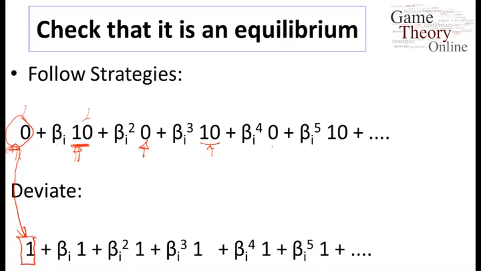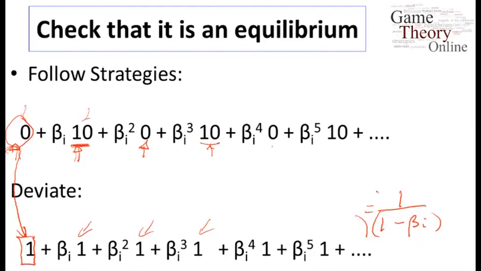But then forever after, we're just going to stop cooperating and defect forever after. So then we get 1 forever after, right? So what we can do is we can look at what the payoffs of this are. So the payoff of this series is just going to be 1 over 1 minus beta_i, where that's my discount factor, right? So I get that payoff from this series if I deviate, and then we defect forever.